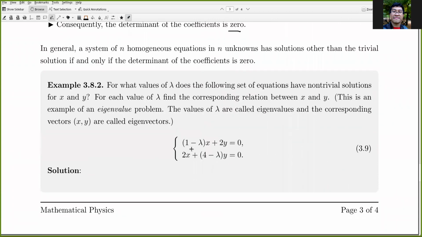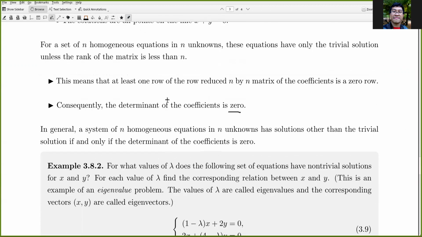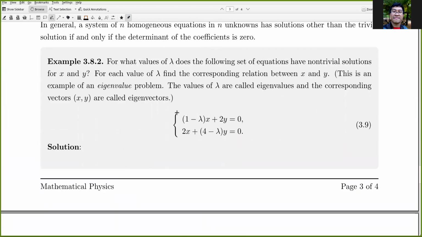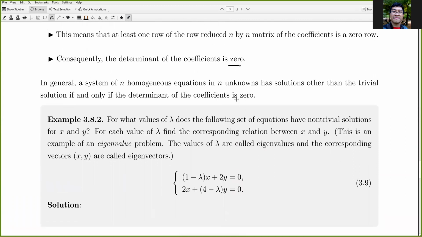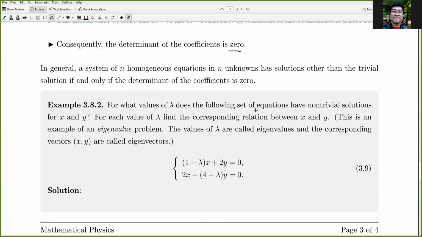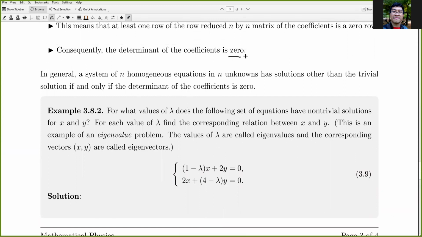For example, for what values of lambda do the following equations have non-trivial solutions for x and y? If you want this to have non-trivial solutions, then the determinant of the matrix of coefficients should be 0.